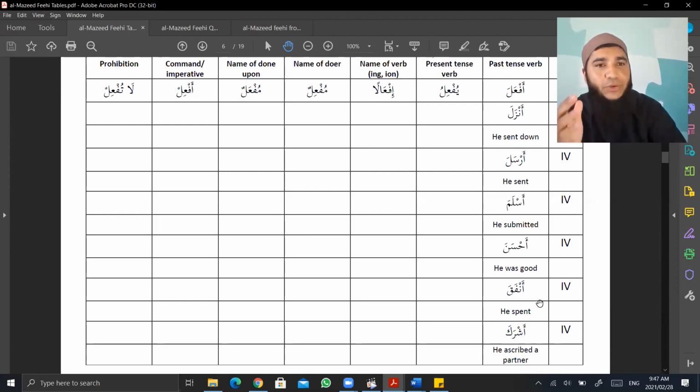You just need to get your tongue used to saying it, and then train your mind to identify the differences. That's a very simple thing. There's a shadda on the second root letter. There's a fatha before the second root letter. There's a hamza at the beginning of the word. Or it starts with a dhamma, yuf'ilu.